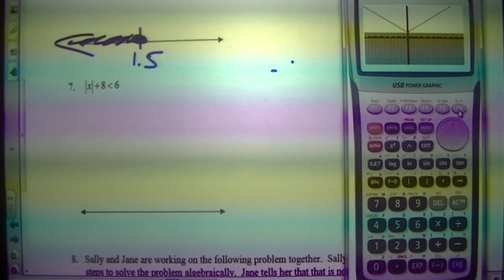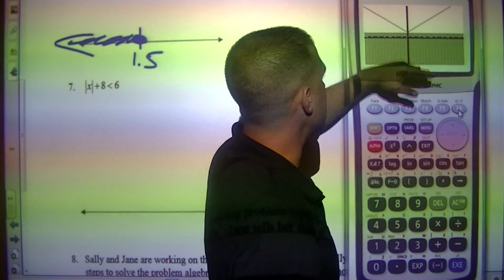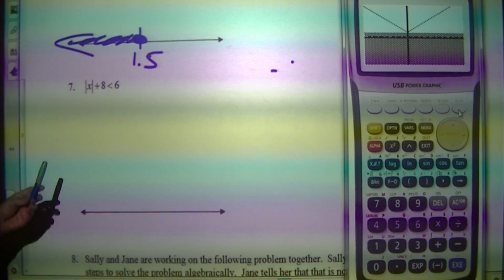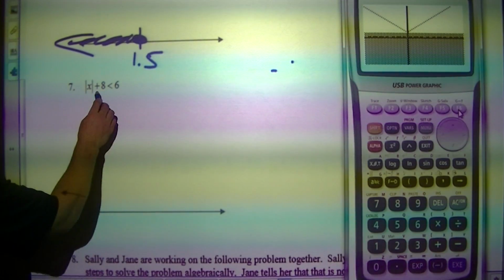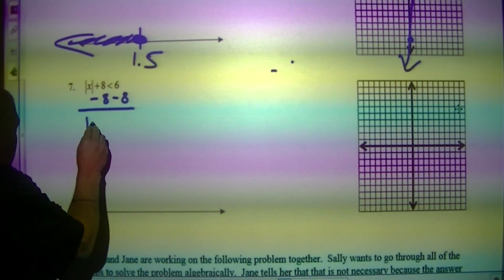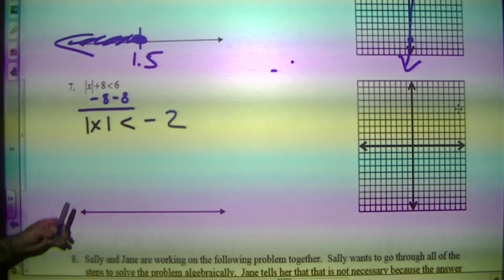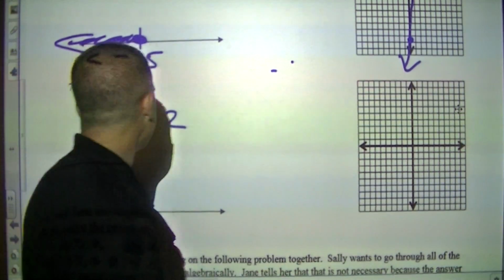Now, as you can see here, the intersection is this, and you have to be careful. I don't see a direct intersection here. What you want to do is look at it this way. If I have the absolute value by itself, is the absolute value ever going to be less than -2?